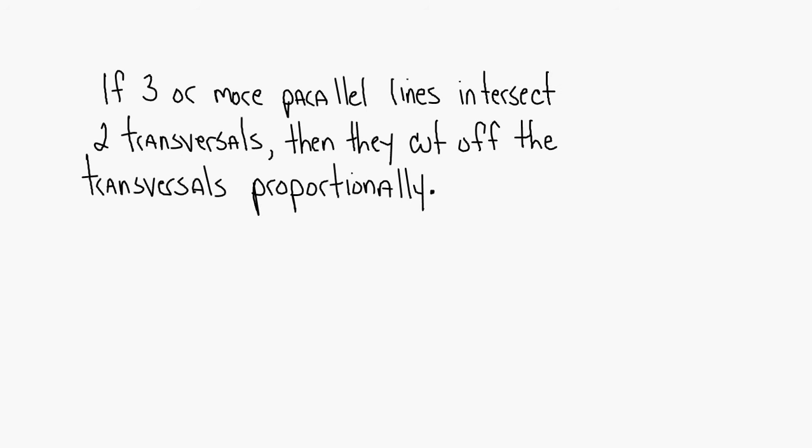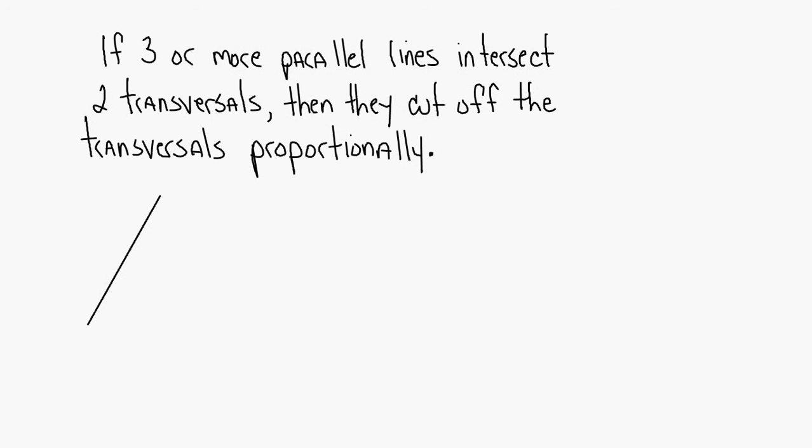All right, in that first theorem, we said if you had a triangle and if there's a segment parallel to one of the sides, then it intersects the other two sides, then the pieces are split up proportionally, okay?